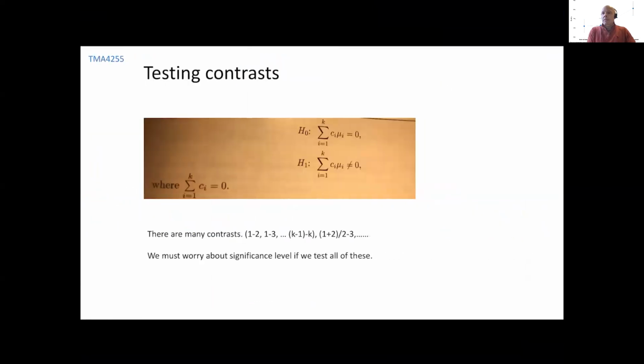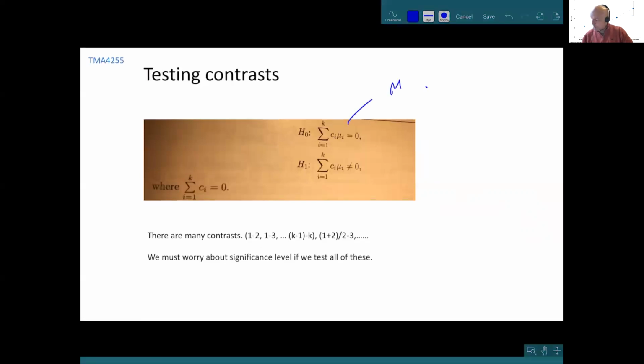Contrasts are the next level. If you reject the hypothesis of equal means, you might go on to test linear combinations. But there are a bunch of linear combinations, so you might want to think carefully about which ones we should test. Maybe for some examples, you see a clear combination you want to test. Say you want to test mu1 plus mu2 minus 2 mu3. Then you compare 1 and 2 with 3.